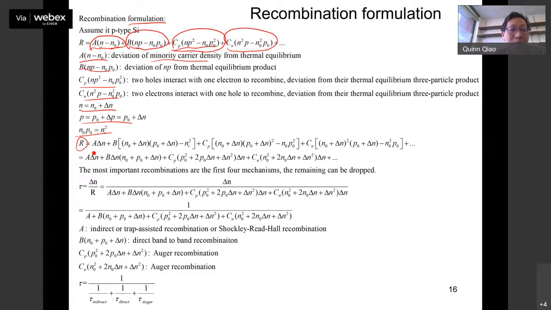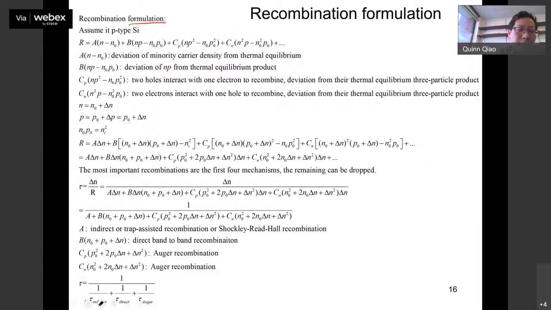So these are the general recombination equations. With those equations, you figure out the relationship between n and n0, and delta n, delta p, and plug everything back into the equations. Then you get these equations.